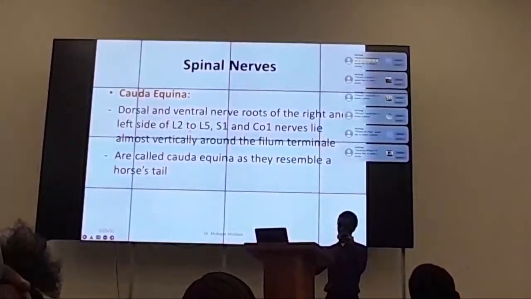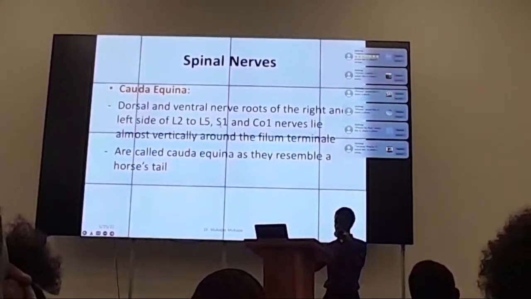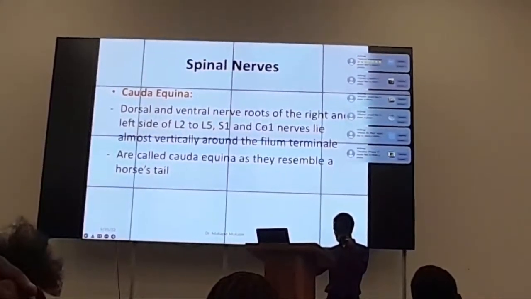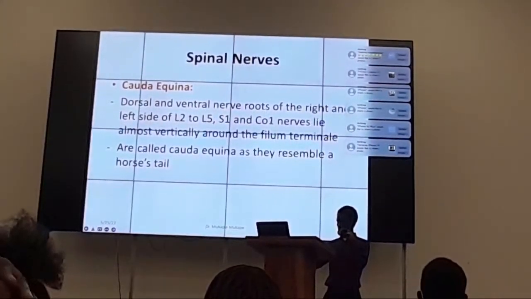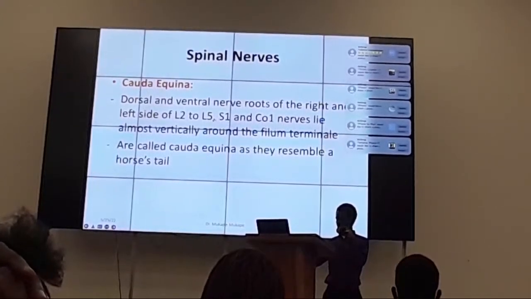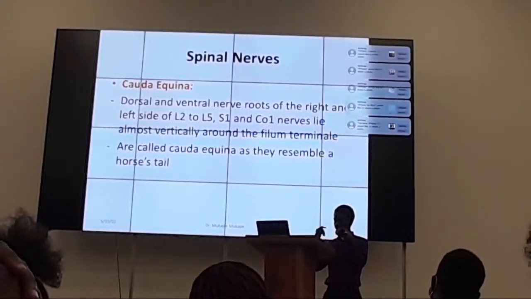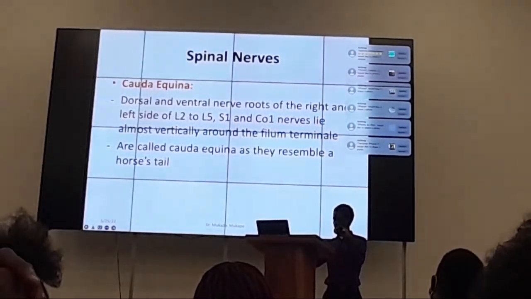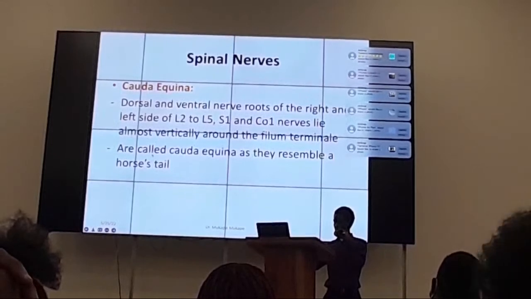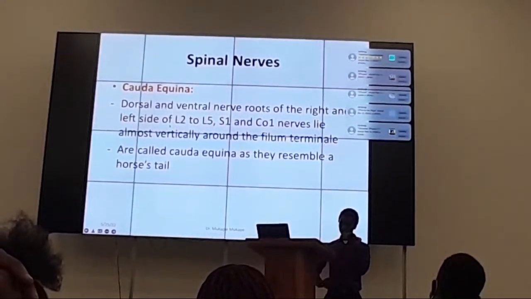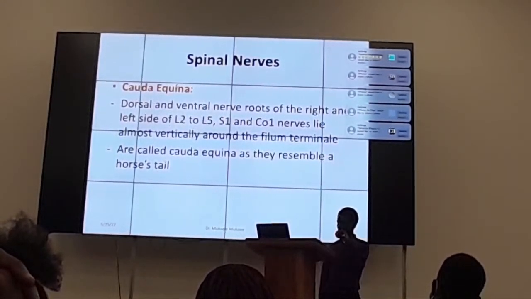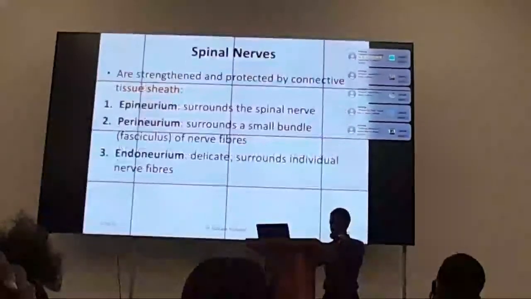So meaning L2, L3, L4, L5, S1, and then Co1. These nerves make up the cauda equina. When you paralyze them, you paralyze the body below the umbilicus.